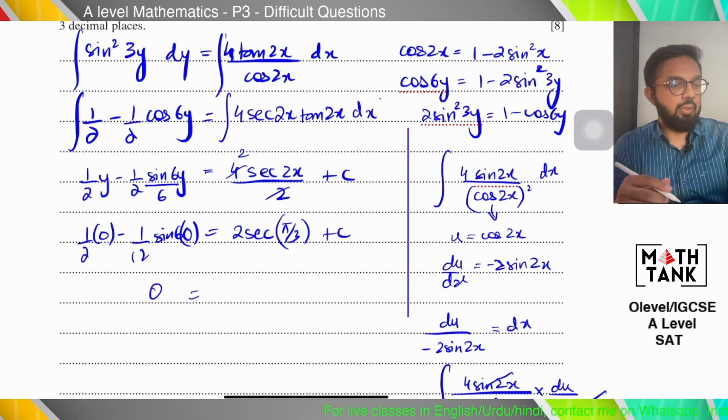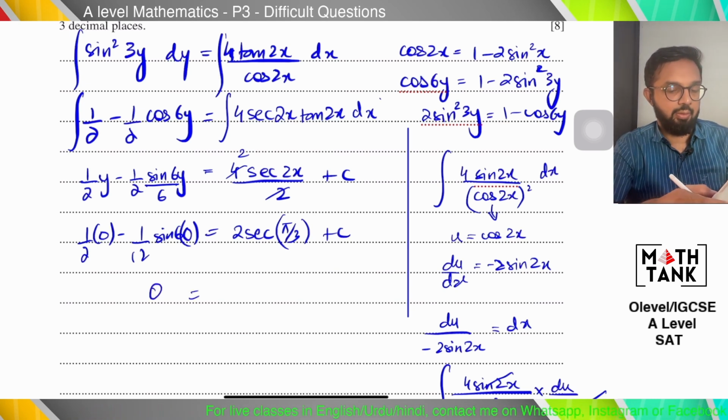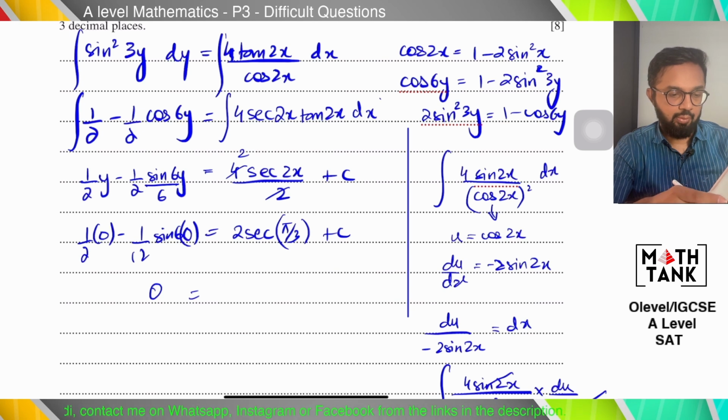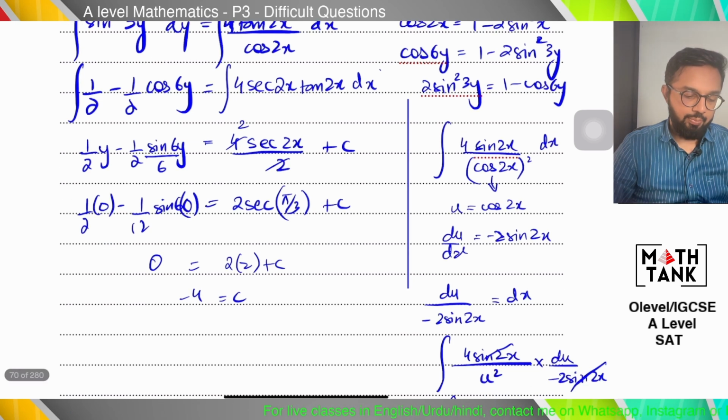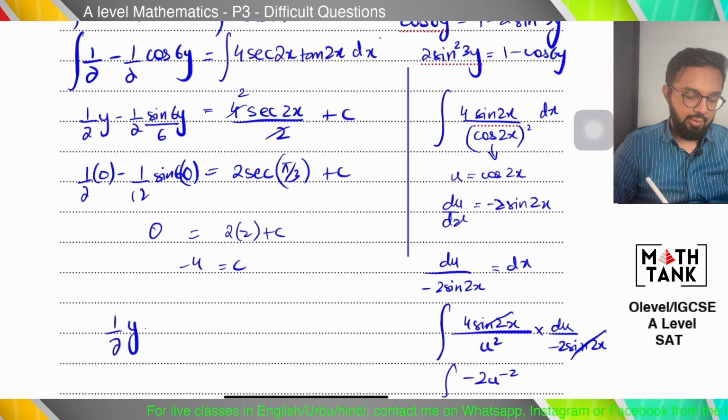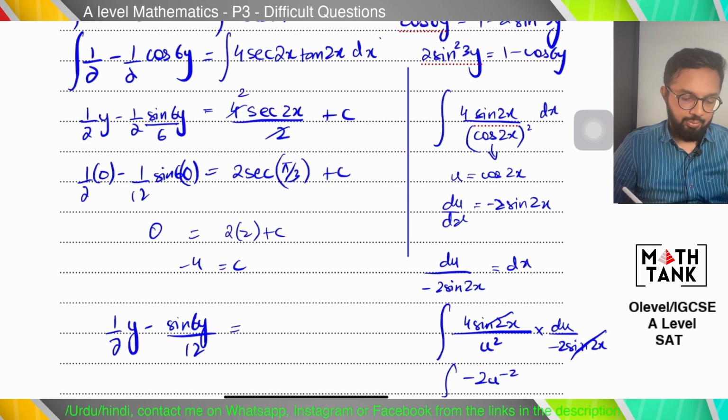Sec pi over 3 is 1 over cos pi over 3, which gives me 2. So 2 into 2 gives me 4, so c equals minus 4. So I have half y minus sine 6y over 12 equals 2 sec 2x minus 4.